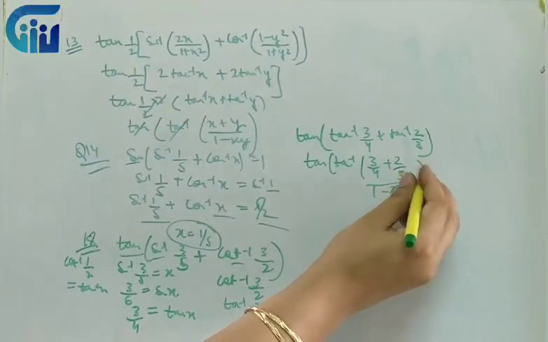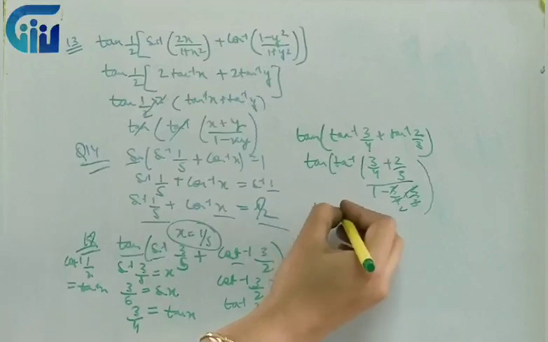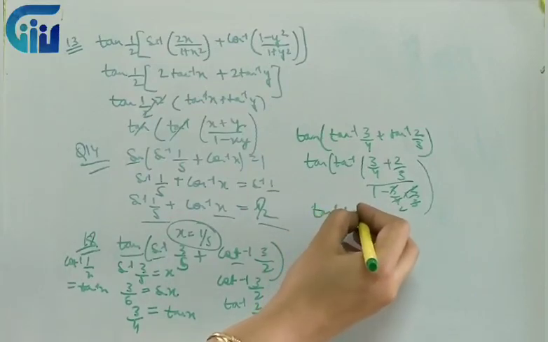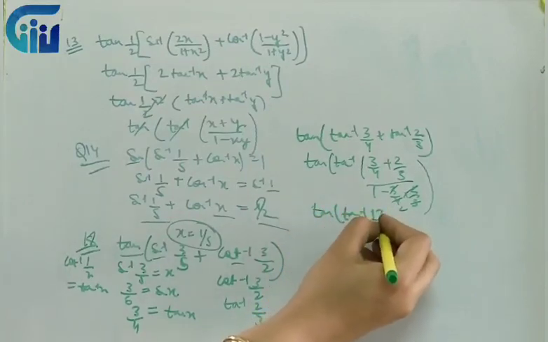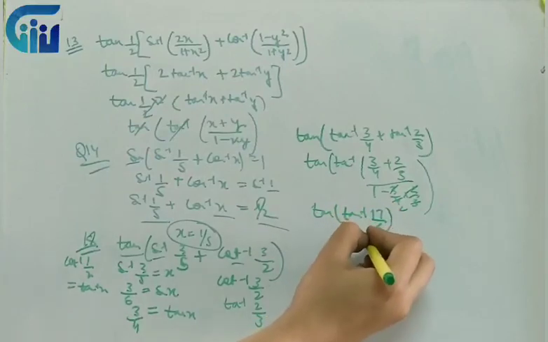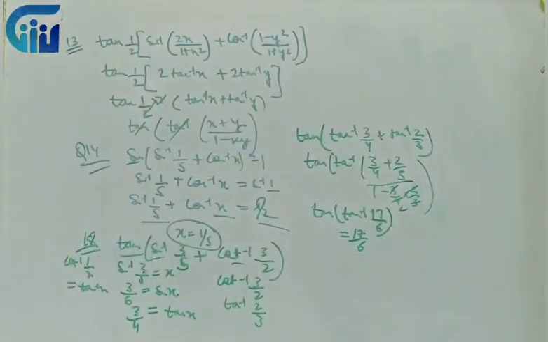If I solve it, it will be tan of tan inverse 17 by 6. So my answer will be 17 by 6, right? So this is question number 18 of exercise 2.2. Now next we will move on to question number 3, 4, 5, 6, 7, 8 of the miscellaneous exercise, right?